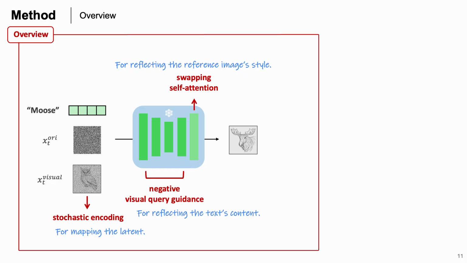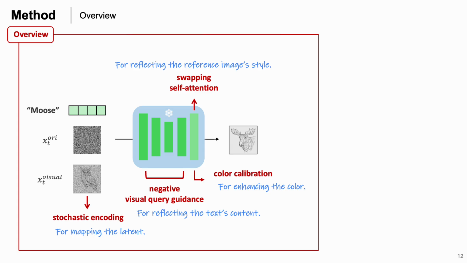At the same time, our negative visual query guidance prevents undesired content from the reference leaking into the resulting image. It ensures that the generated image better aligns with the text prompt. Finally, color calibration enhances the output visual quality.